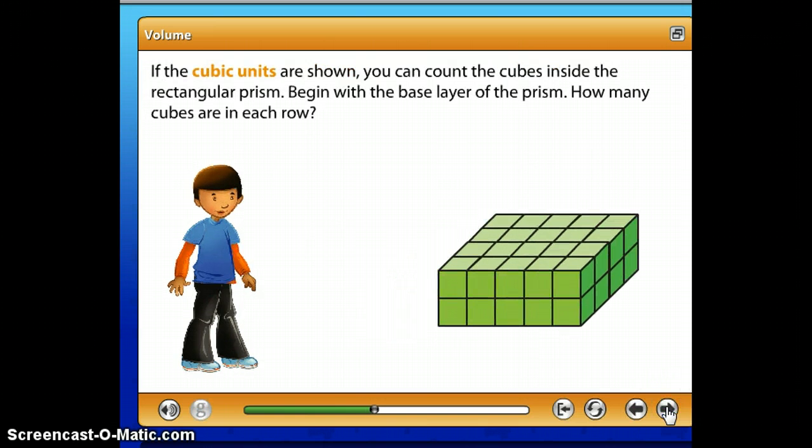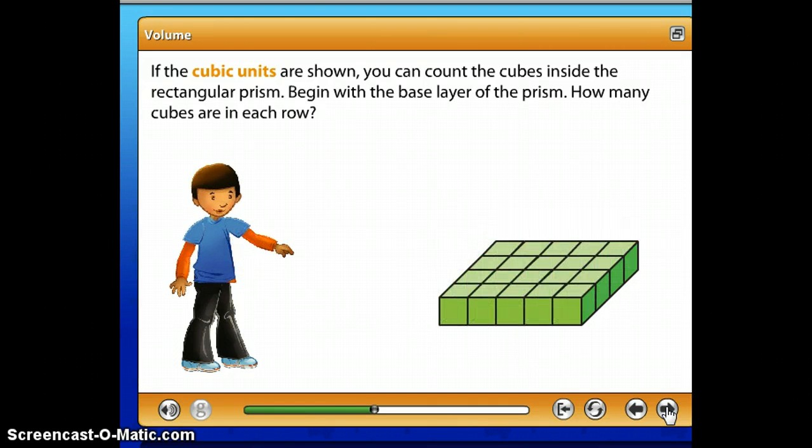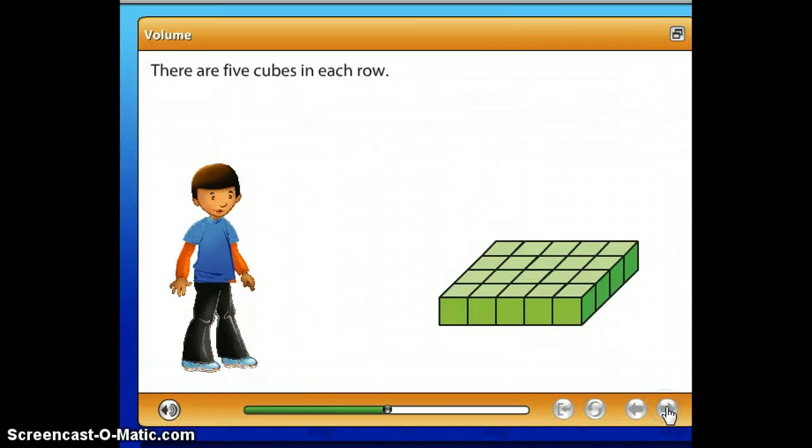If the cubic units are shown, you can count the cubes inside the rectangular prism. Begin with the base layer of the prism. How many cubes are in each row? There are 5 cubes in each row.